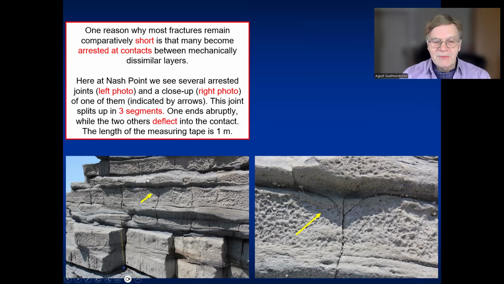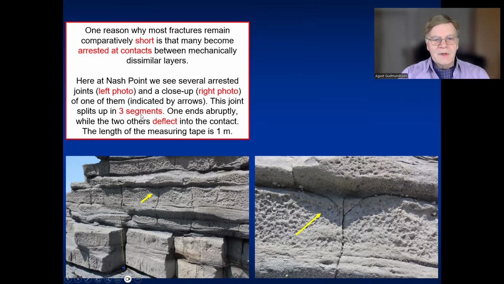So here are mostly limestone layers, but in between there are mudstones. And in addition, the mudstones, even if they're very thin, can affect the stresses so that the fracture may not be able to penetrate through the mudstone when it was very soft and becomes arrested.